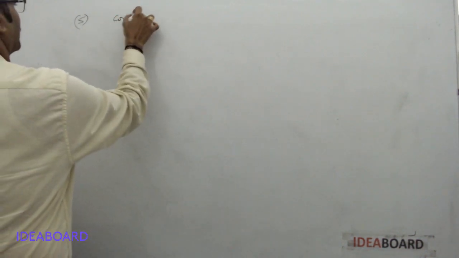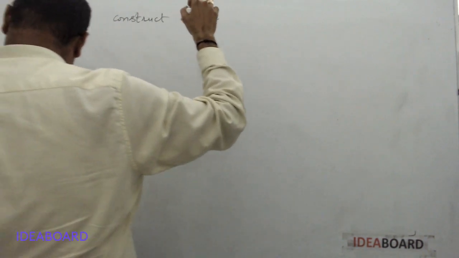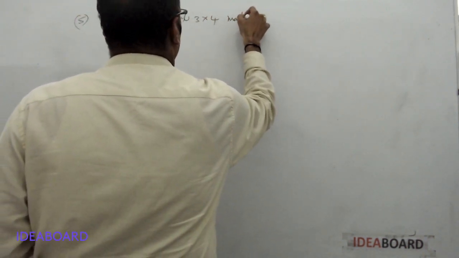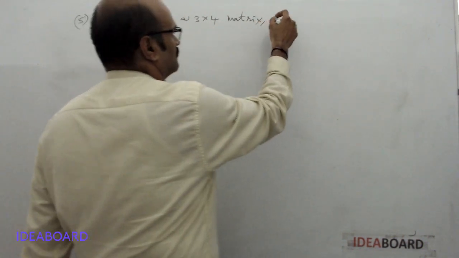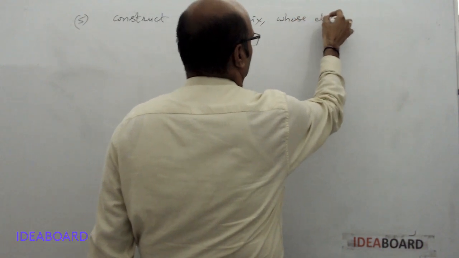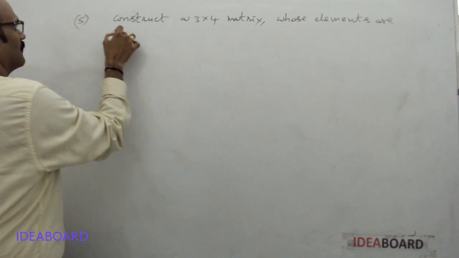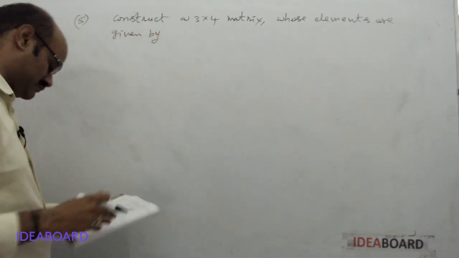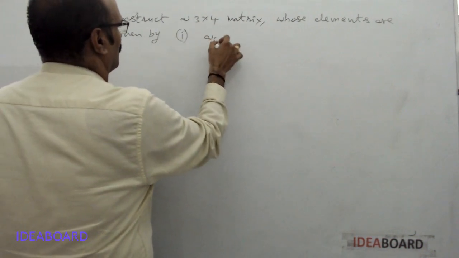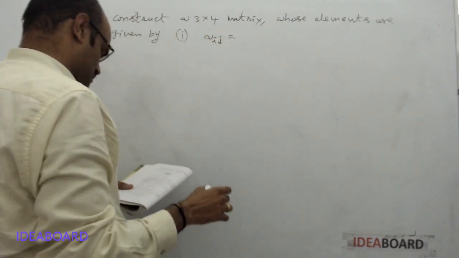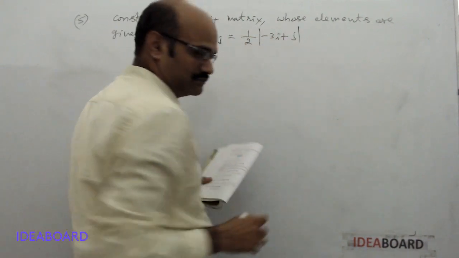Construct a 3 by 4 matrix whose elements are given by Aij equal to 1 by 2 into modulus of minus 3i plus j.